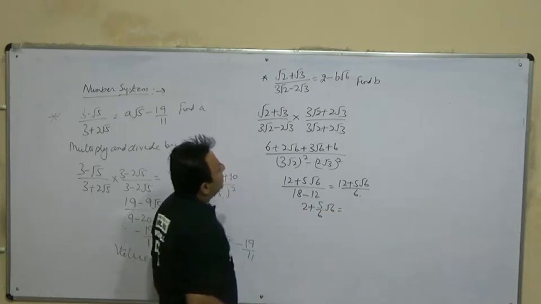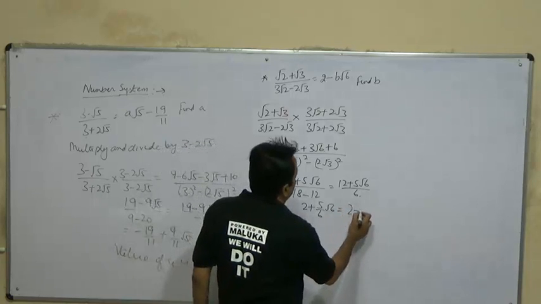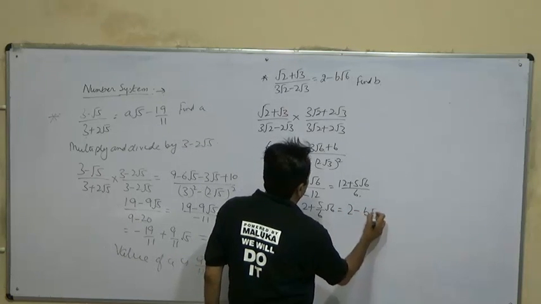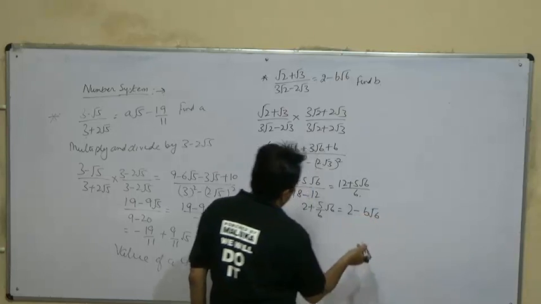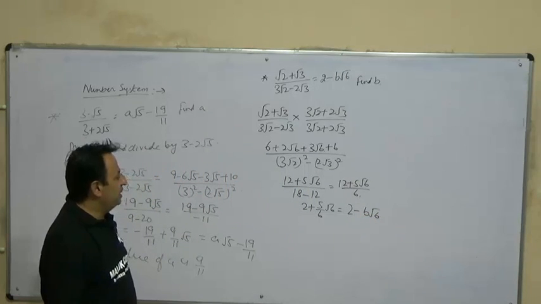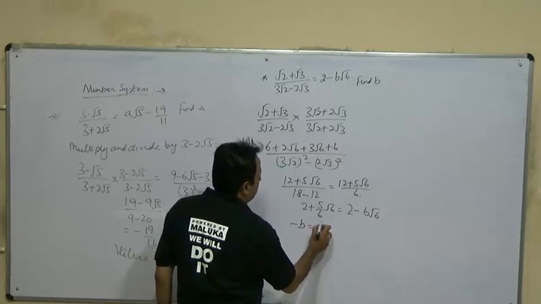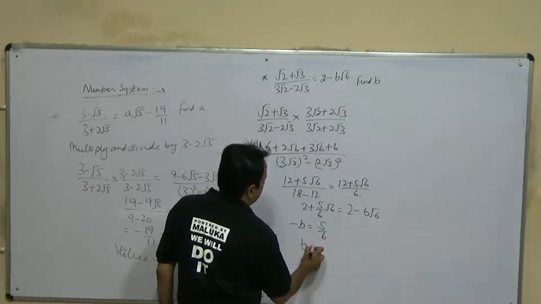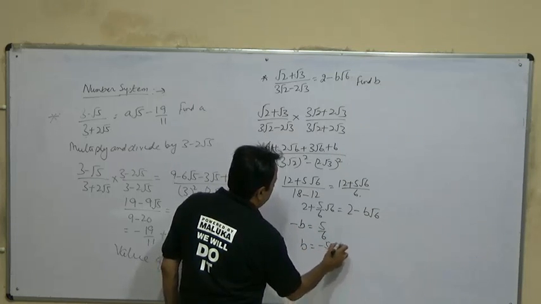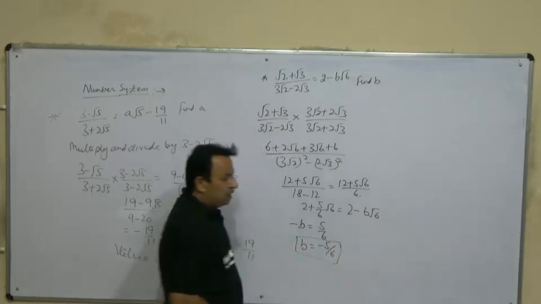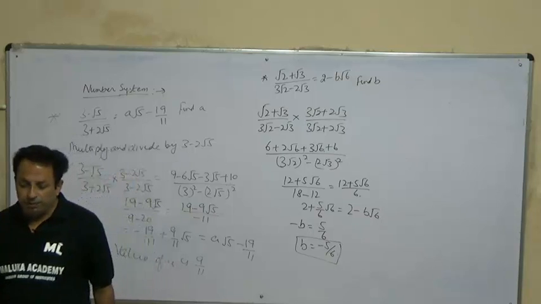And we are given this is equal to 2 minus b√6. So comparing both the sides, we see that minus b is equal to 5 by 6 and b is equal to minus 5 by 6. So this will be the clear value of b from here.